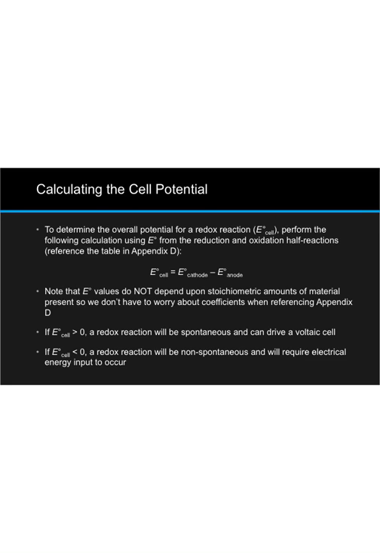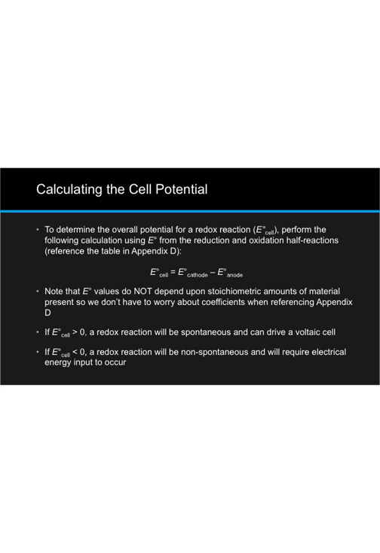It's important to clarify that these standard reduction potentials do not depend upon the stoichiometric amounts of material present at our cathode or our anode. We don't have to worry about coefficients from overall balanced equations when we reference that appendix. All we have to worry about is how many electrons were transferred in a given half reaction.